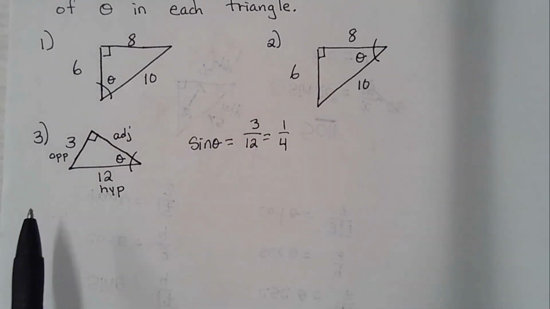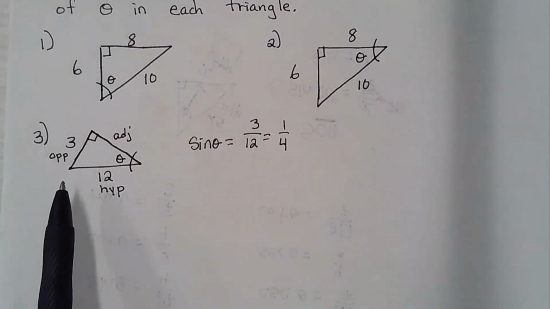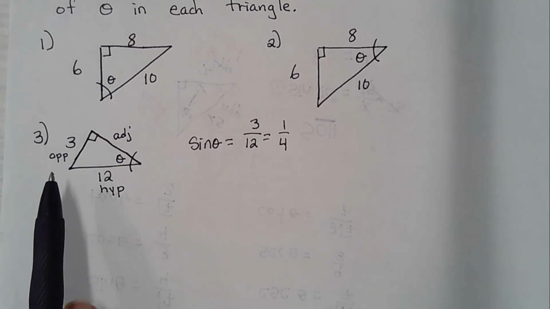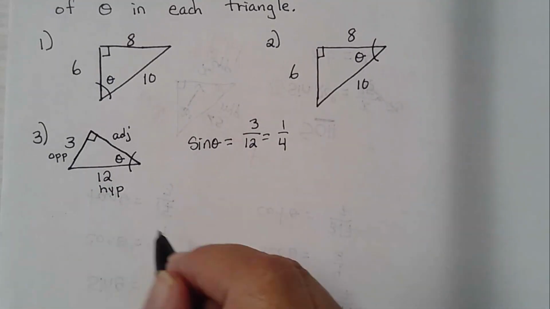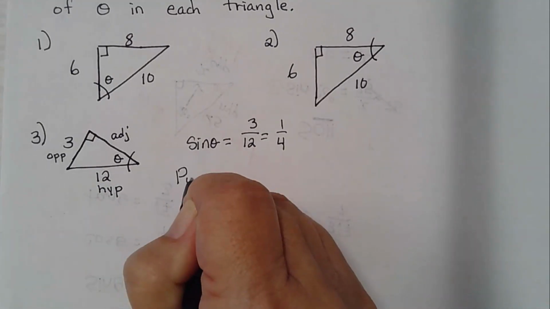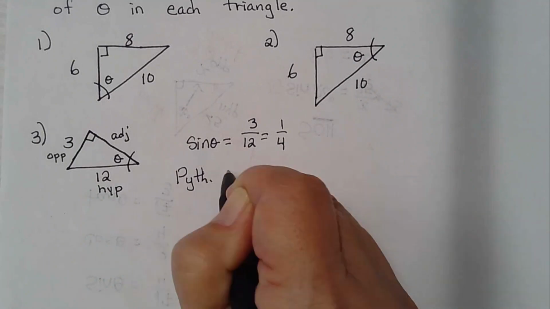Whenever you're dealing with a right triangle and you have two sides but not the third, the technique would be the Pythagorean theorem. Some groups thought of that idea quite quickly, and some groups had to check in with somebody else to get that idea.